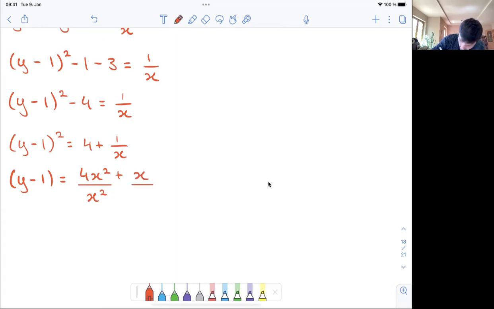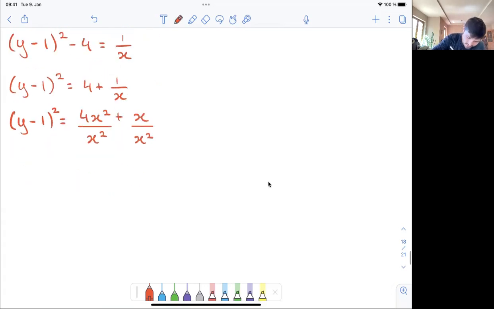Yeah, we'll do it like that. I forgot the squared here. Then we can say that this is y minus 1 squared is equal to 4x squared plus x over x squared.